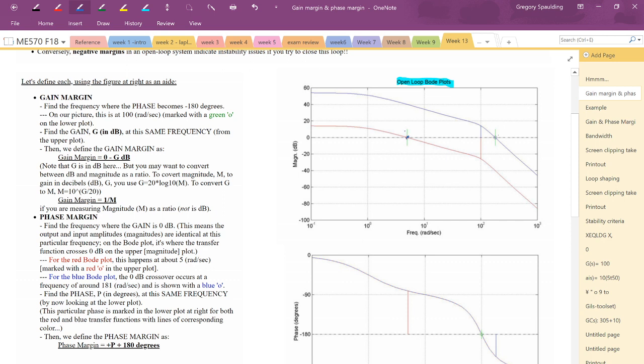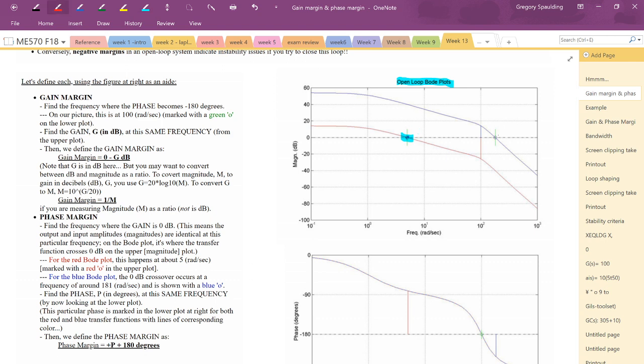I'm going to be looking at this point in here, where our magnitude plot crosses over the 0 dB line. All right, so now we have a great and novel name for that point. It's called the crossover frequency. It's where the magnitude plot crosses over.